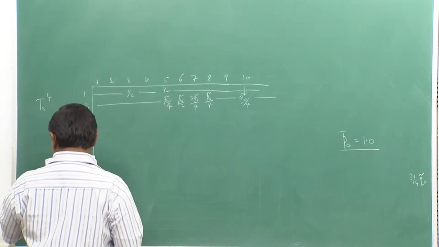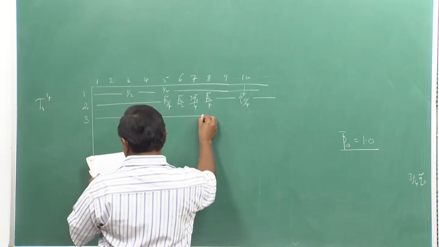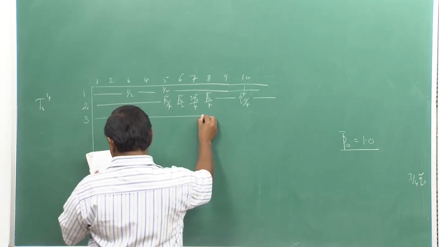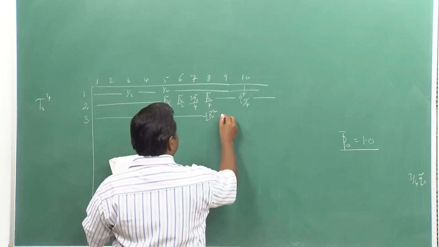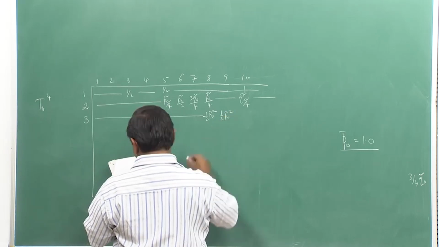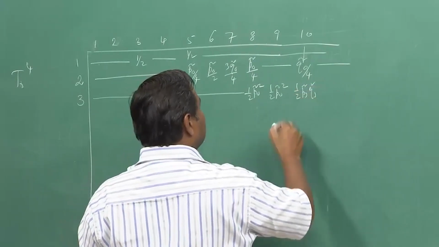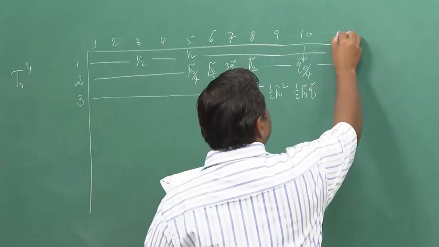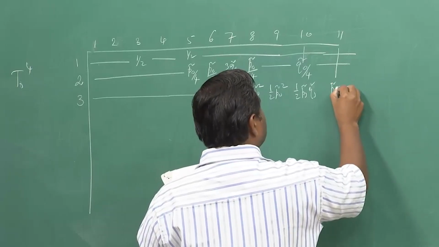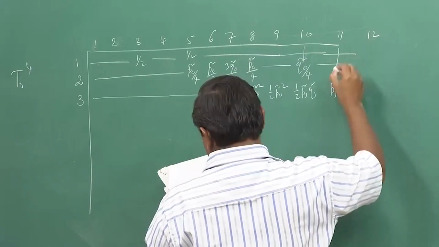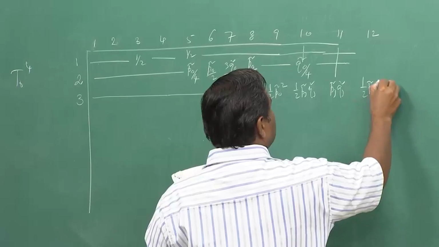So, from third I will be getting, so the 8th state will be there, half pj tilde square, 9th will be there with half pj tilde square, 10th will be there with half of pj tilde qj tilde, 11th will be there with pj tilde qj tilde, 12th will be there with half pj tilde qj tilde.